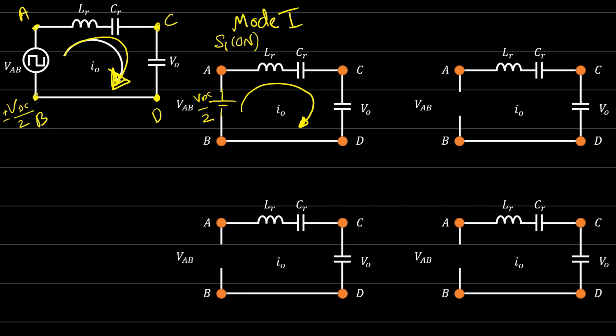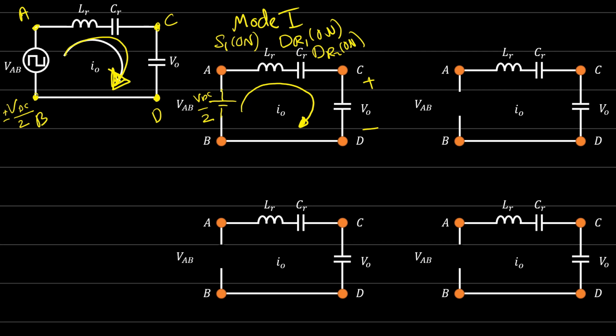And on the other side, for the rectification circuit side, because the current is positive and the output voltage is positive, diode 1 and diode 2 are on or conducting. So diode R1 is on or conducting, and diode R2 is on or conducting. VAB is equal to VDC over 2, and VCD is equal to plus V output. Okay, so this is for mode number 1.